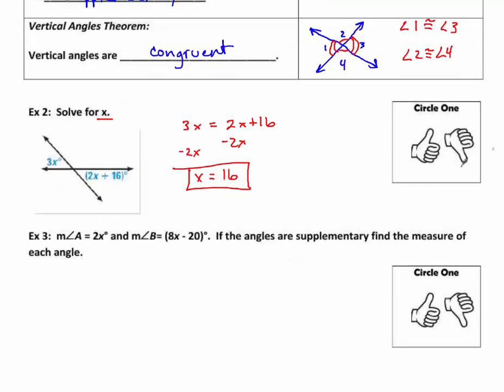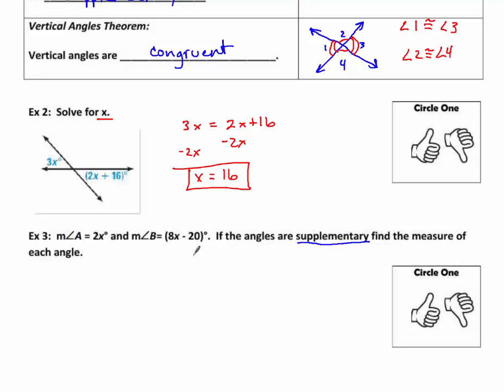All right, example 3 says the measure of angle A is 2x degrees and the measure of angle B is 8x minus 20. Okay, we'll read a little more before we draw the picture though. If the angles are supplementary, find the measure of each angle. So supplementary means that they add up to 180 degrees.